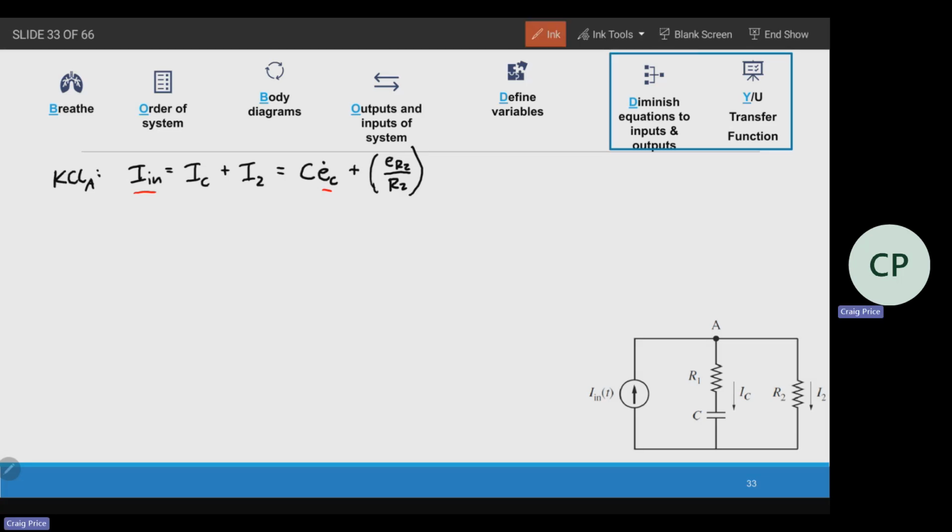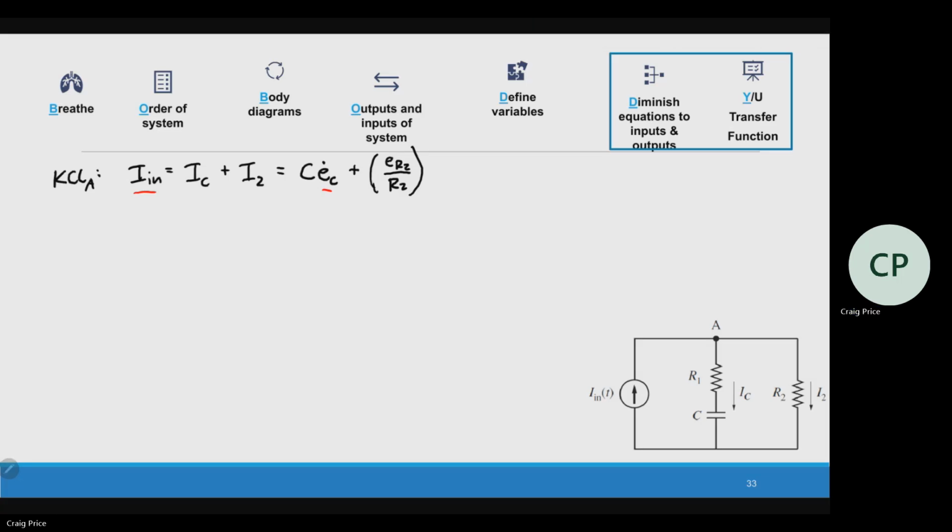I do not like ER2. So we go back to our definitions. What's something that I can replace ER2 with?